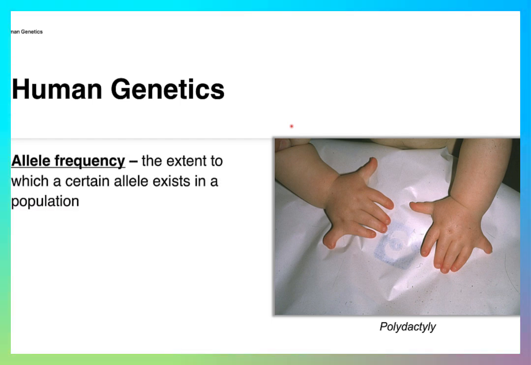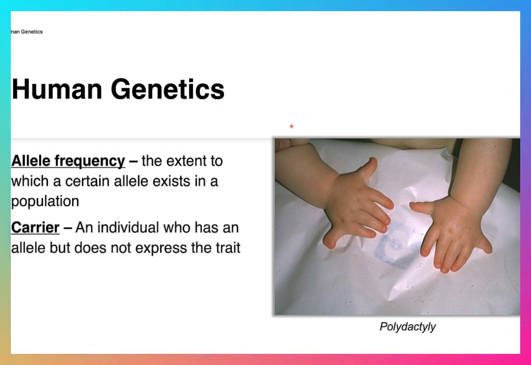And we talk about how frequent this kind of thing will happen, and that's called allelic frequency. Allelic frequency is how often the gene exists in the population. And if an individual has the allele, but the allele is not expressed in the phenotype, then the individual is called a carrier.